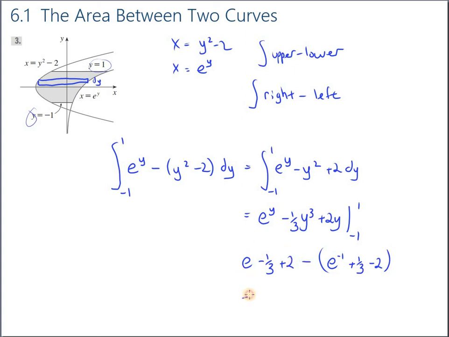So our final answer is going to look like e minus 1/3 plus 2 minus e to the -1 minus 1/3 plus 2. So let's see if we can crunch this down a little bit more. E minus e to the -1, or maybe 1 over e if you want to do that.